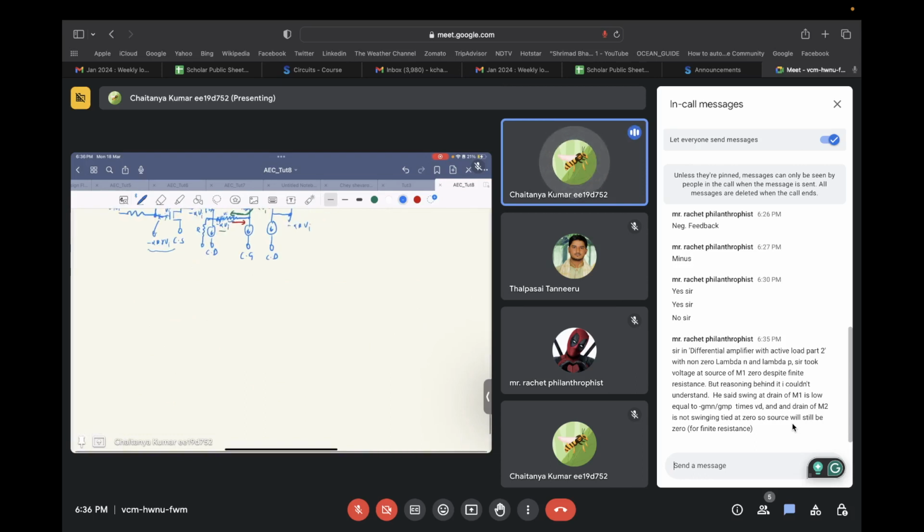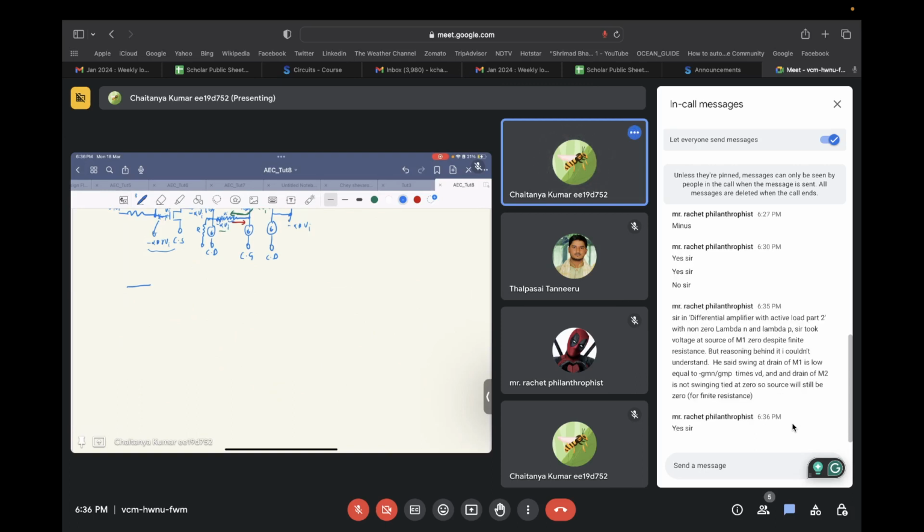So you are talking about the differential to single-ended circuit only, right? Okay, so let's draw that.